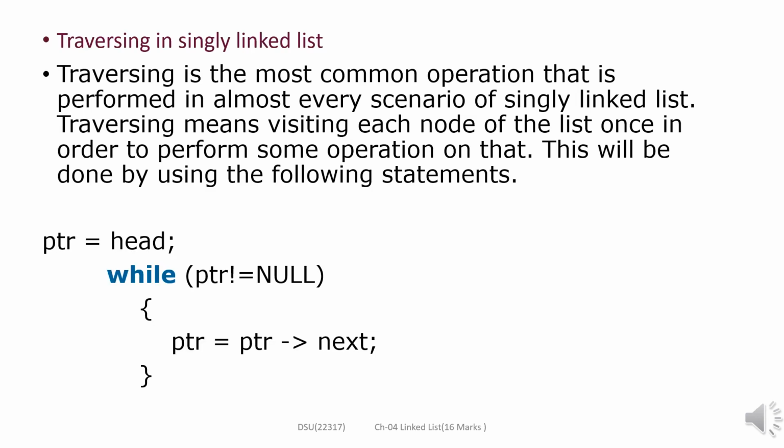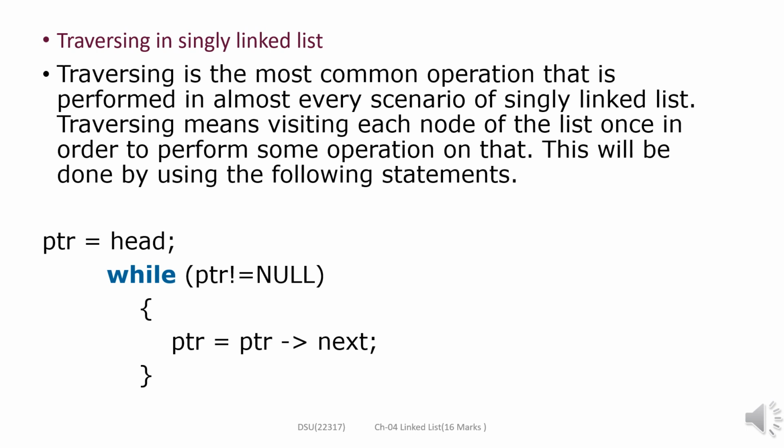First we will see traversing in a singly linked list. Traversing is nothing but visiting each and every element in the list. Traversing is the most common operation that is performed in almost every scenario of singly linked list. Traversing means visiting each node of the list once in order to perform some operations on it.